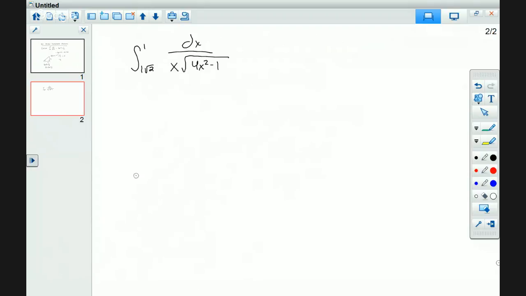Is there a square root of x squared minus 1 by chance? There is. So that's probably where we're going to head.